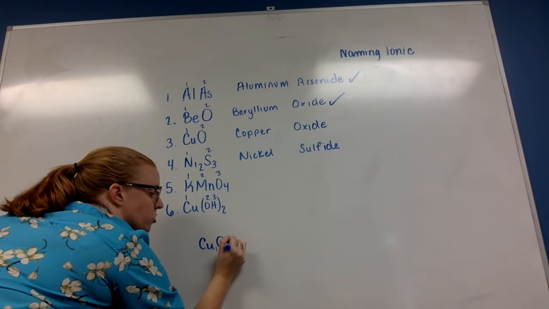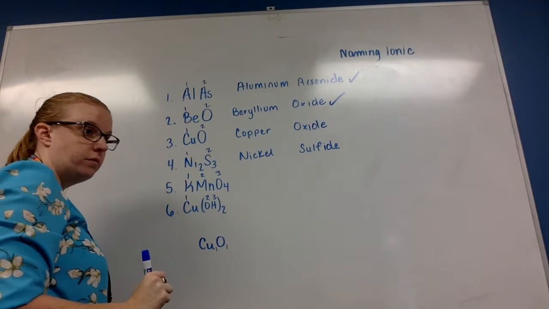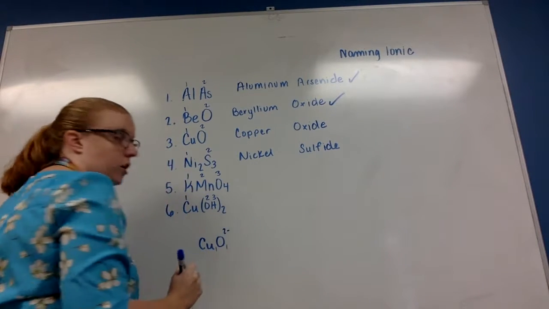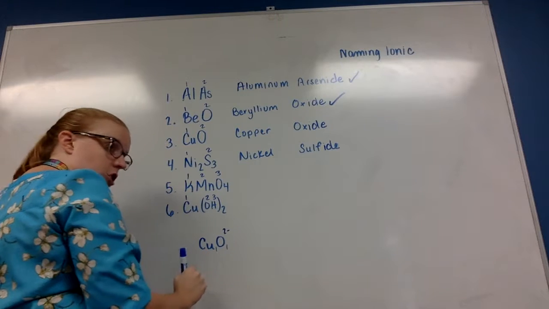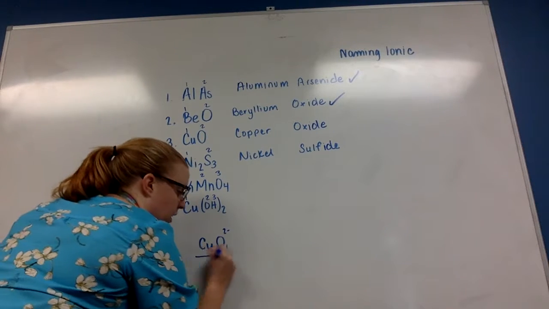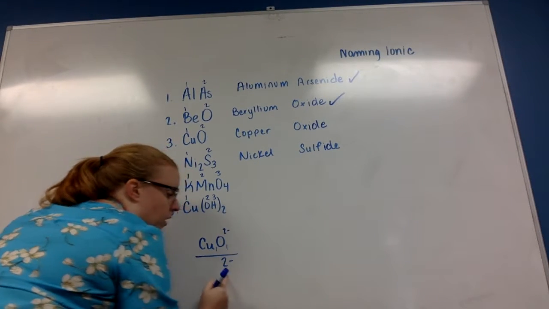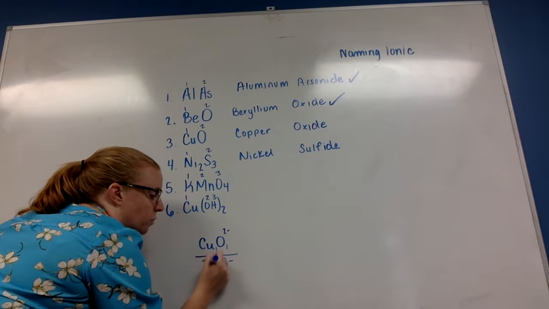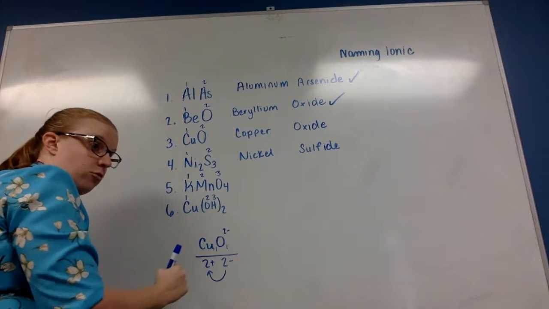We know that they have an understood subscript of 1 and 1. Oxygen has a 2- charge. If there's only 1 oxygen and it's a 2-, that means that the molecule has a total 2- charge, and copper has to have a 2+ charge because they have to balance out.